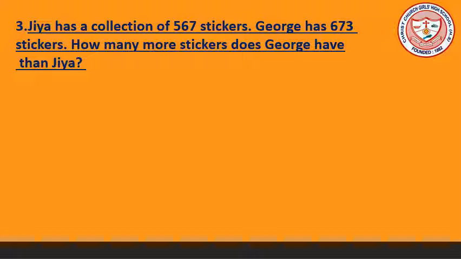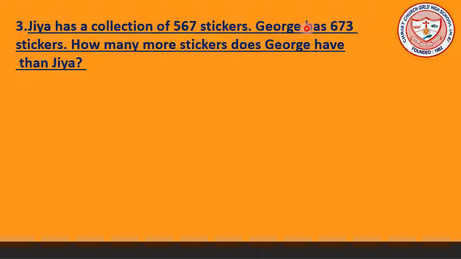So if you read the problem carefully, you can find out that Jia has 567 stickers and George has 673 stickers. So it is very clear that George has more stickers than Jia. Now we have to find out how many more stickers George has than Jia.